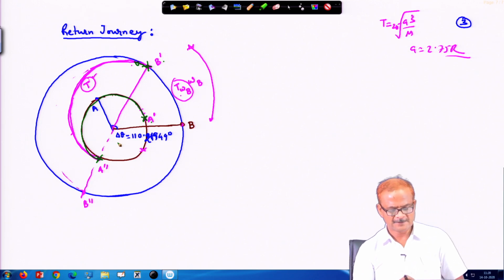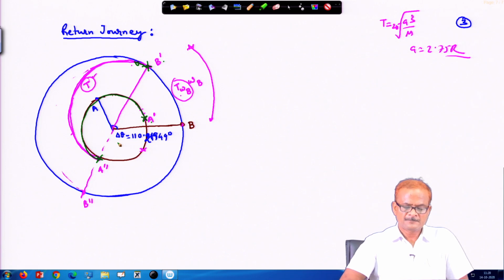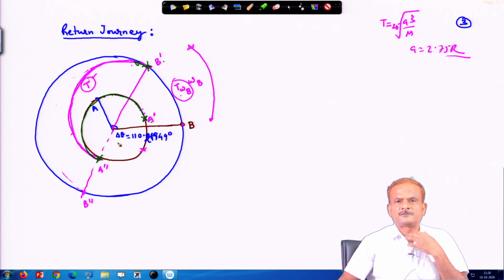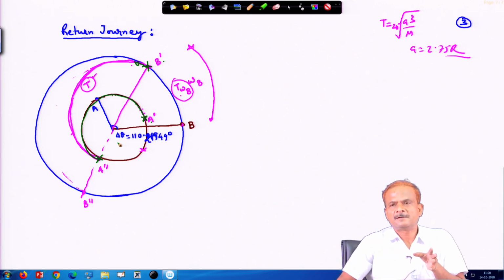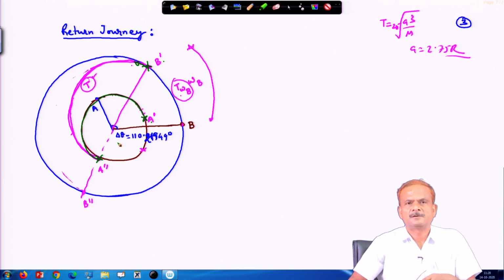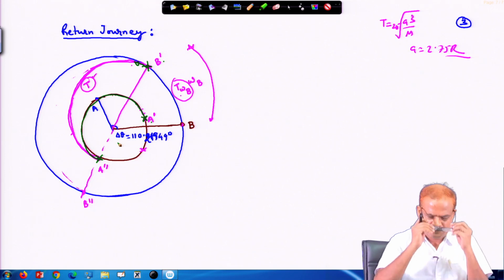Here we are neglecting the gravitational field of both the asteroids. If we do not neglect, then we have to take into account the patched conic section, which we will do later on. We first finish this part.